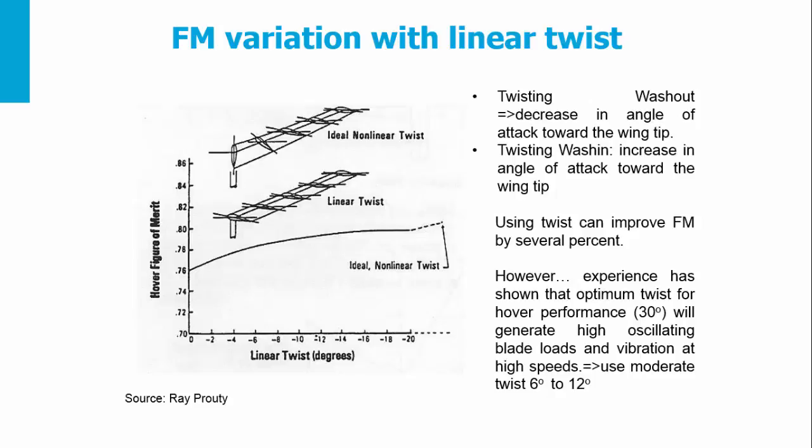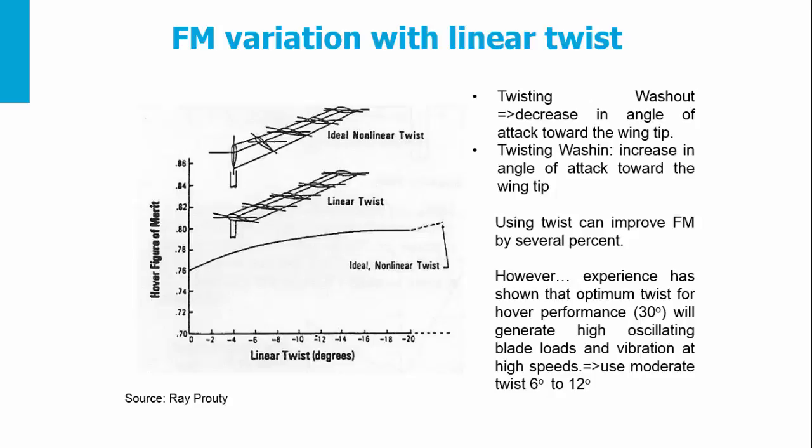Twisting the blades washout will decrease the angle of attack towards the wing tip. And twisting wash-in will increase the angle of attack towards the wing tip. Therefore, twisting improves the figure of merit by several percent.